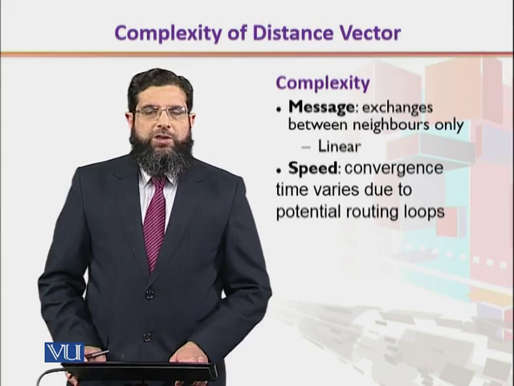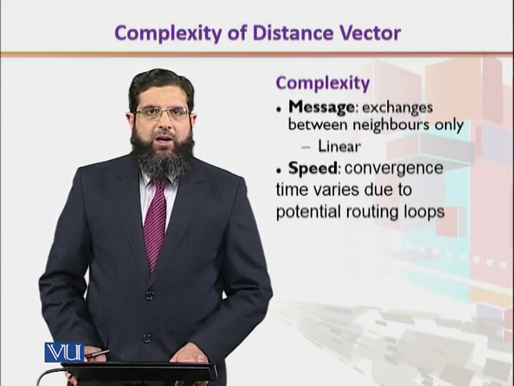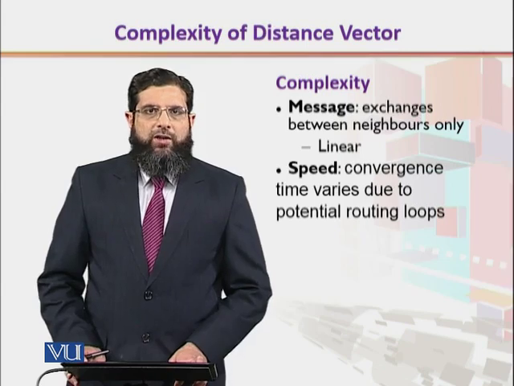So if there are loops, there would be more than one distance vector update. So it is going to take some time before these distance vector updates converge onto the true picture of the route and cost change.